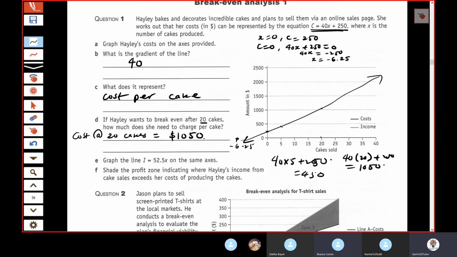If she is to break even, that means she makes the same amount of money. She needs to sell each cake at 1,050 divided by 20. Does that make sense? So she needs to sell it for $52.50. If she does, then it covers her cost of baking the cake, as well as her fixed costs.